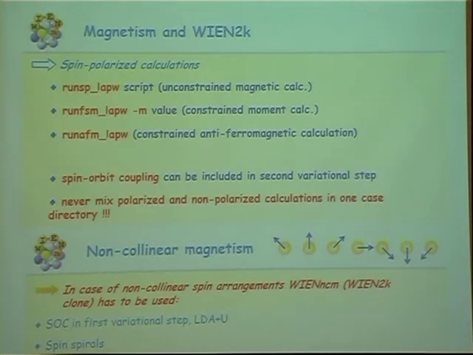And then we can do something which is called a fixed spin moment calculation, FSM. And that means in an input, we define the magnetic moment to be 2. Okay? And then we do the calculations for a magnetic moment of 2.